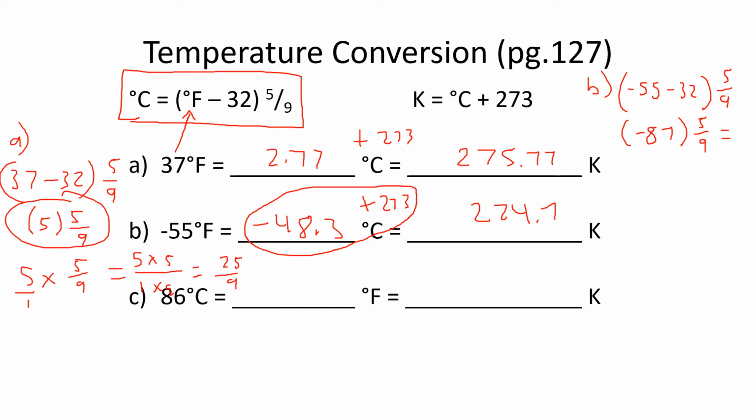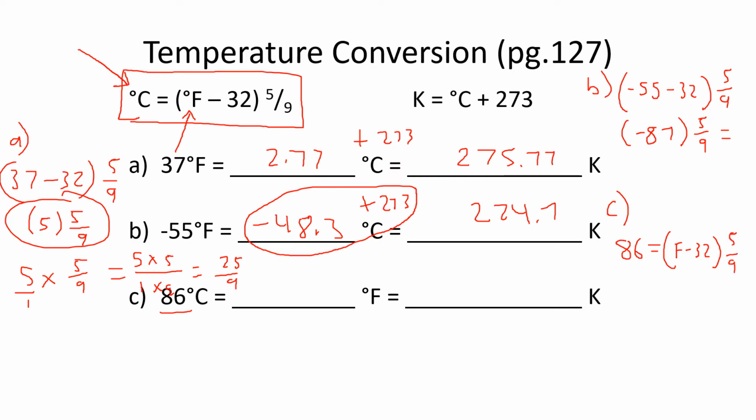All right. Now let's go backwards. We'll do C over here. This time, anytime you see a C, you're going to plug in the number, and we're going to solve for F. So you're going to have to do some algebra, some rearranging. All right, so we got 86 equals F minus 32 times 5/9.